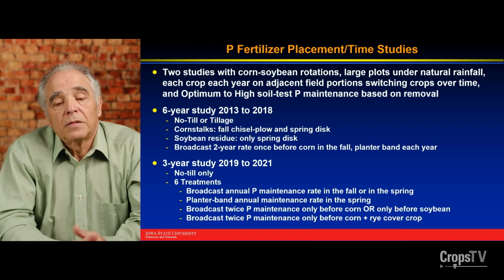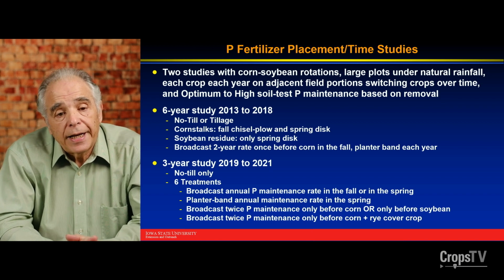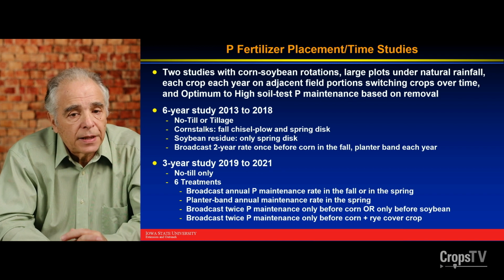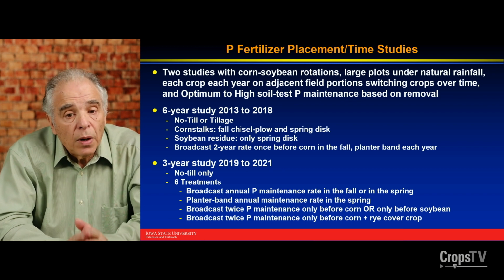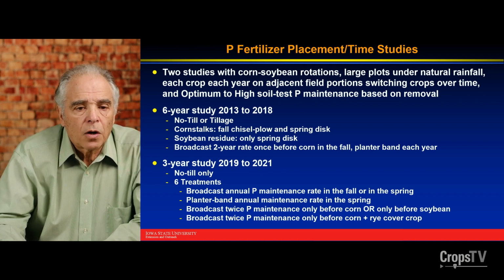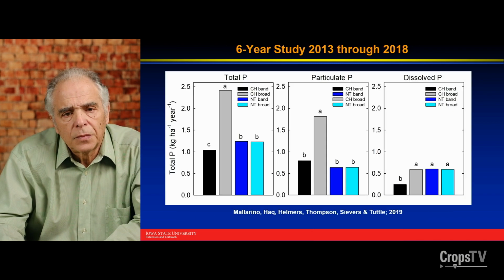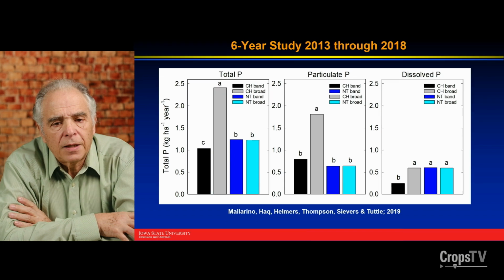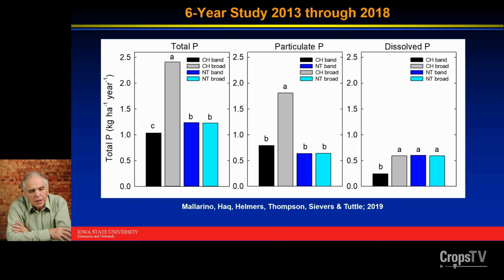We never have studied this before. And then we also have broadcast twice the phosphorus maintenance only before corn, but using a rye cover crop for both crops. So the results of the first 6 years of the study were a bit surprising.